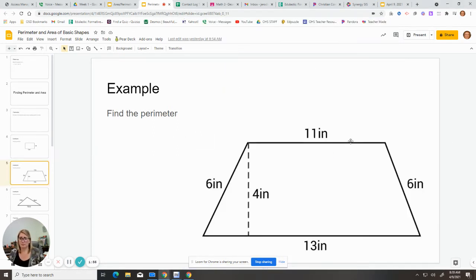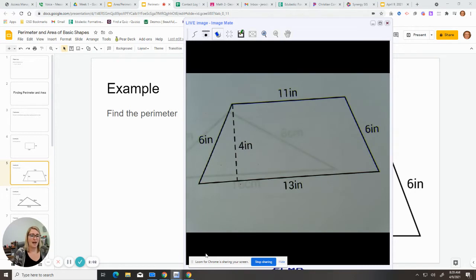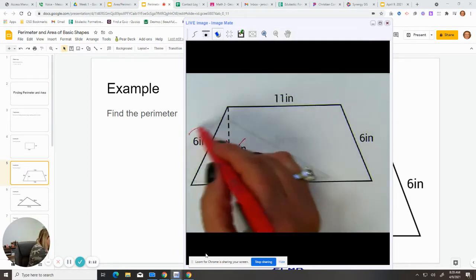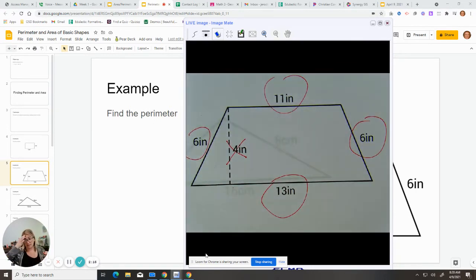This is a trapezoid, in case you didn't know. All right, and a trapezoid, again, you're going to add up all of your sides. You should recognize that this is not one of your sides of the trapezoid. That is actually the height. So all we need are these outside pieces to be able to add together to find the perimeter.